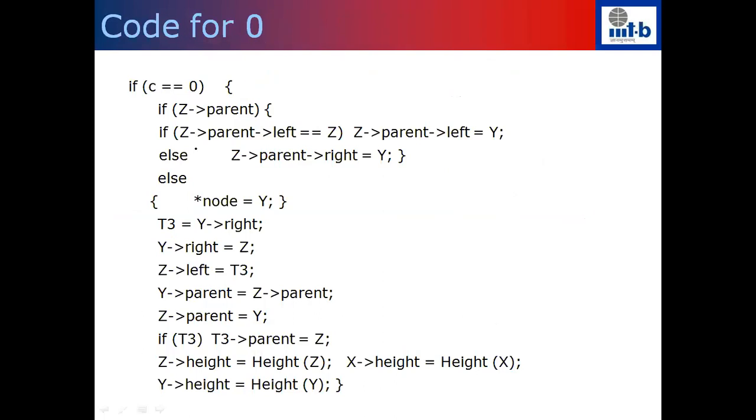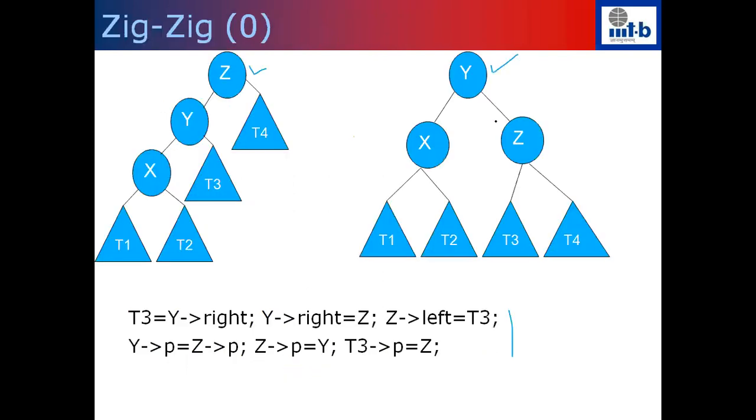That's the first thing that we're going to do. So you go to the parent and ask who is the left child. If the parent's left child is z, then the left child of the parent will become y now, right? Because after the rotation, this subtree is replaced with a subtree rooted at y.